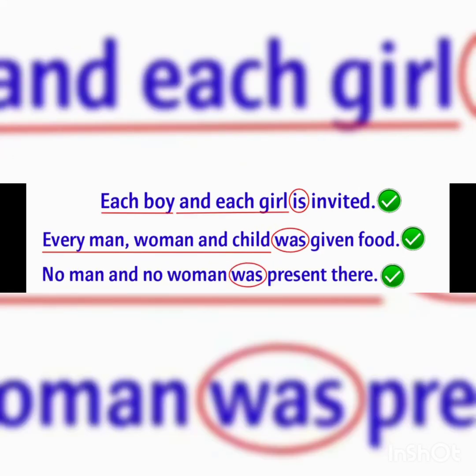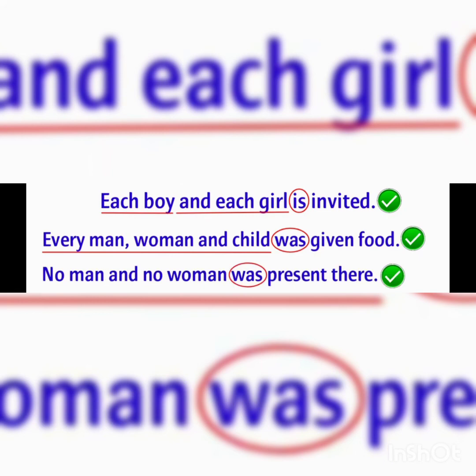"Every man, woman and child was given food." Every man, singular, one man. Woman is also singular and child is also singular. So that's the reason we are using the singular verb "was". "Every man, woman and child were given food" is totally wrong.